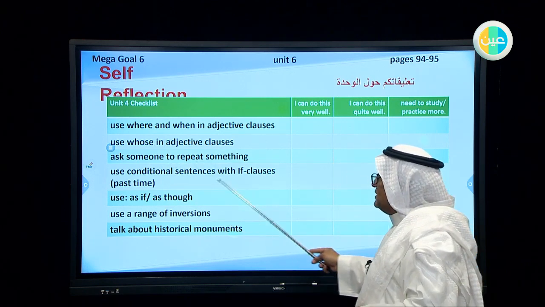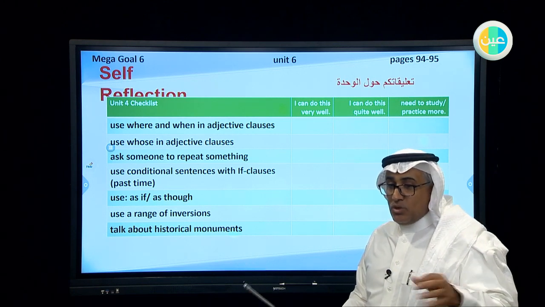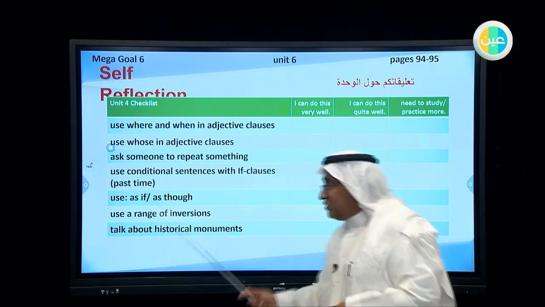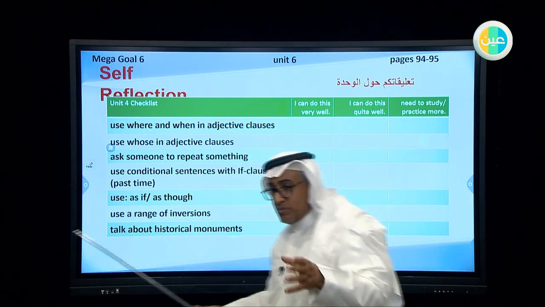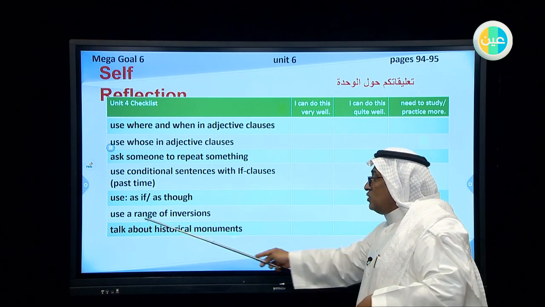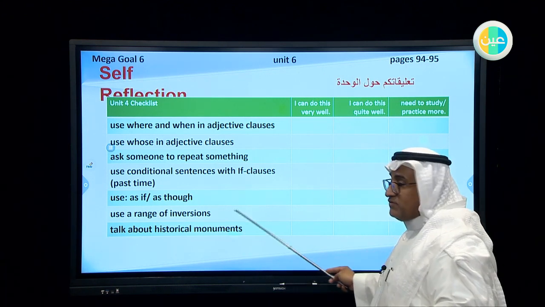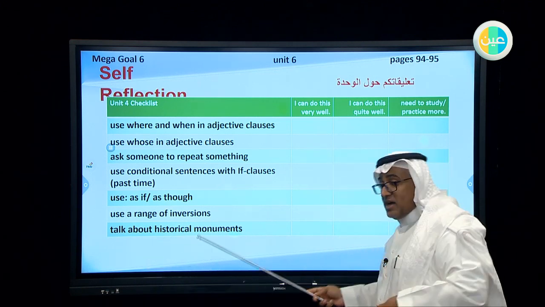Use conditional sentences with if clauses. Past time in hypothetical situations. We already finished that a minute or 2 minutes ago. Okay? And use as if or as though. Use a range of inferences. Inferences means it is about time, it is high time.